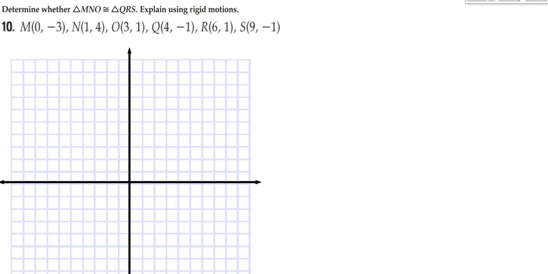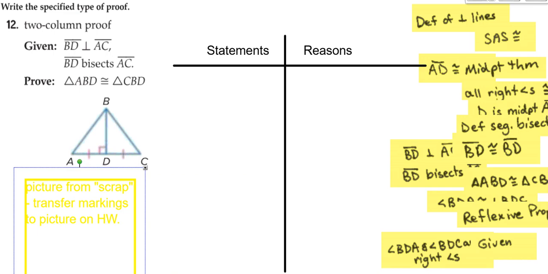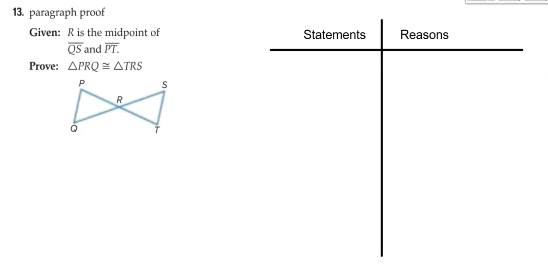Number 12 we talked about yesterday, hopefully, and so we'll leave that one. Then number 13. I'd like to go over some things with you and give you some hints in this. So we know R is the midpoint of segment QS and segment PT.